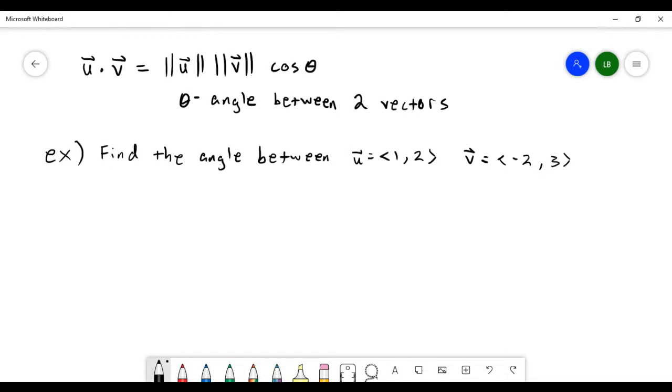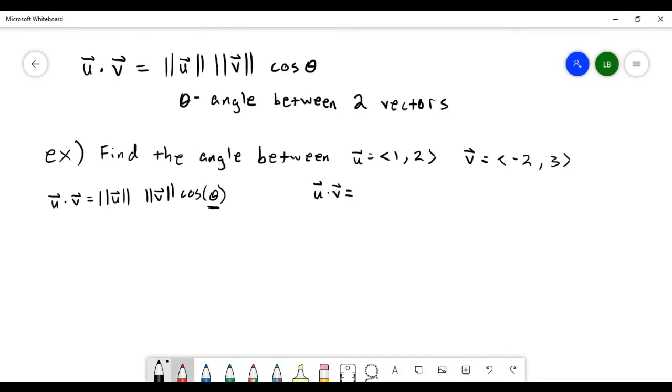Well, our formula tells us that u dotted with v should equal the magnitude of u times the magnitude of v times the cosine of theta, and we are looking for this theta right here. So all we need to do is find u dot v.